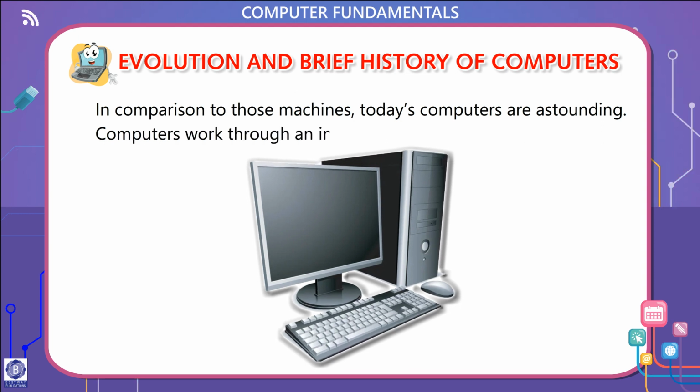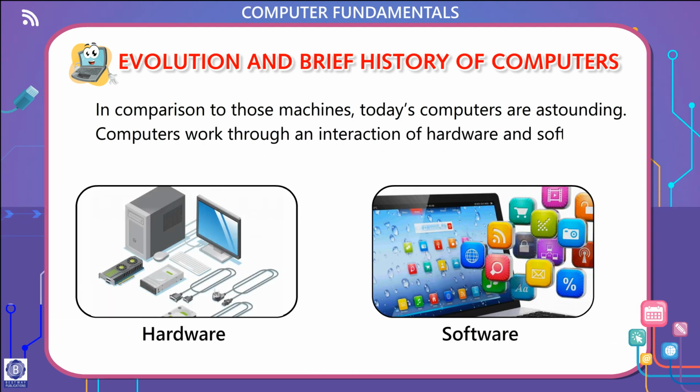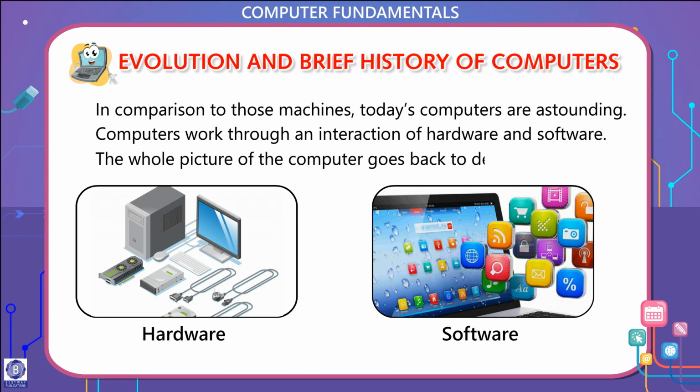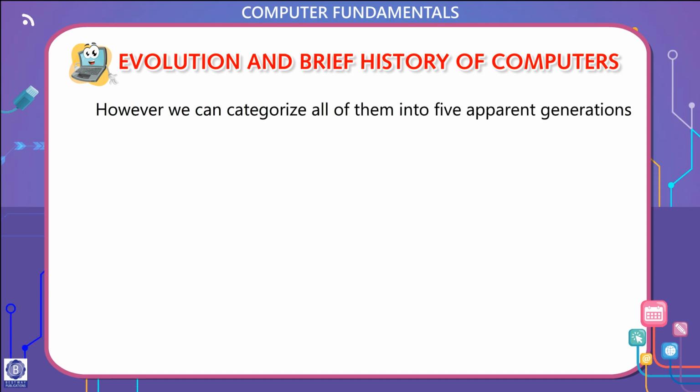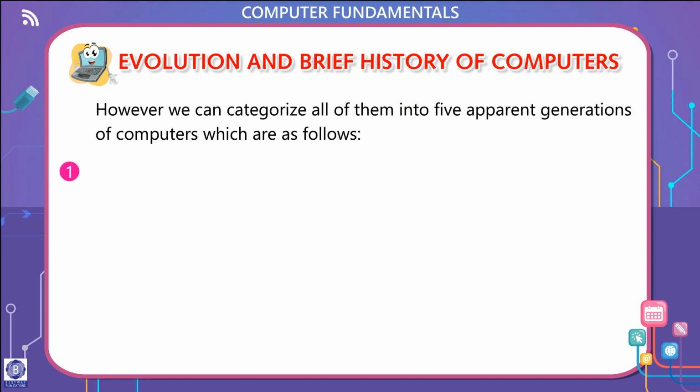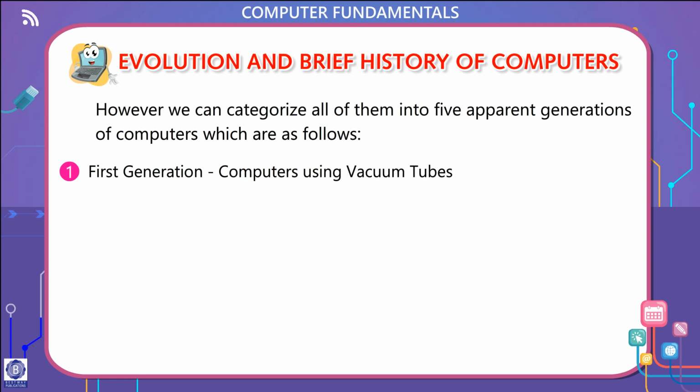Computers work through an interaction of hardware and software. The whole picture of the computer goes back decades. However, we can categorize all of them into 5 apparent generations of computers, which are as follows. Number 1. First generation. Computers using vacuum tubes, 1940 to 1956. Second generation.